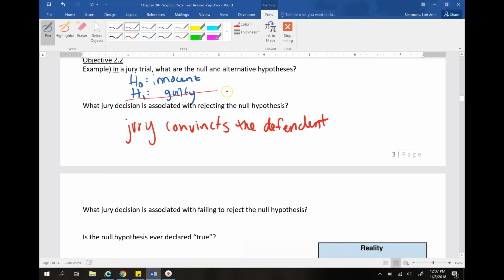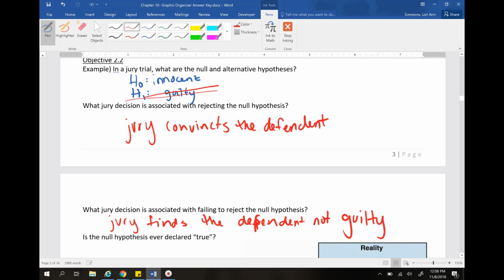So we don't have enough evidence for this, so then the jury finds the defendant not guilty. Notice here we're not saying he's innocent, we're just saying he's not guilty.